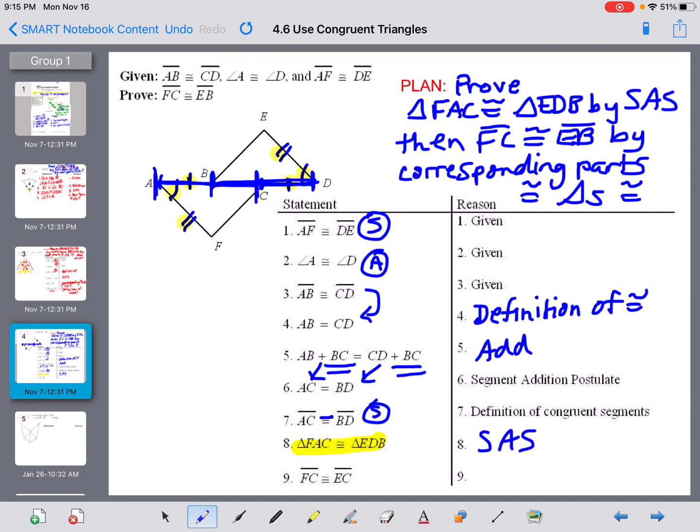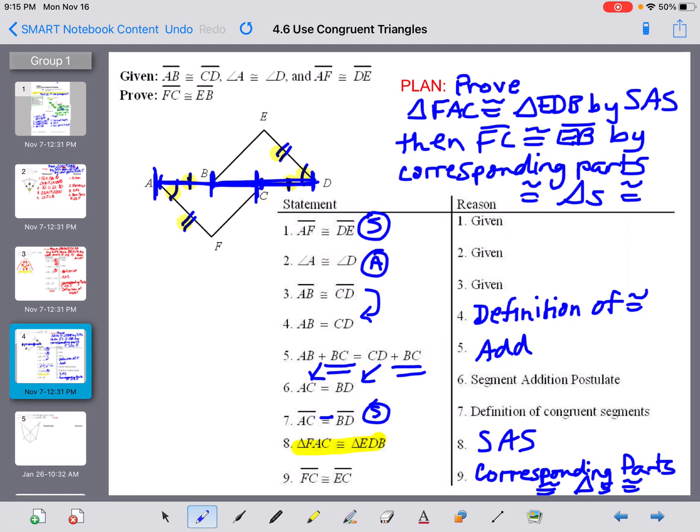And if my triangles are congruent by side, angle, side, then my parts, FC, is congruent to EB by corresponding parts of congruent triangles are congruent. Okay. All right, so again, prove your triangles, then you can prove the parts.